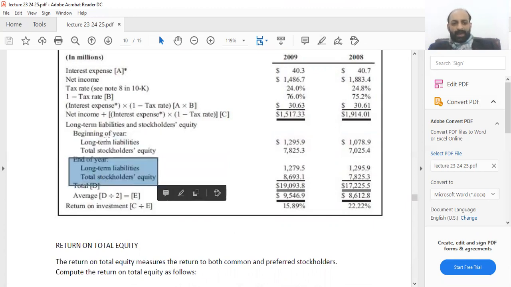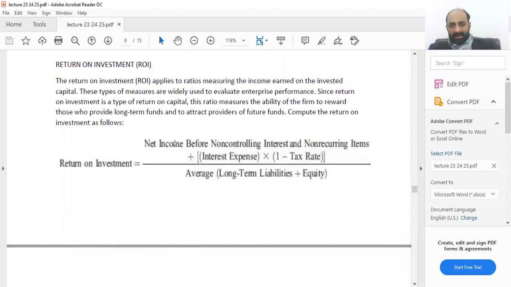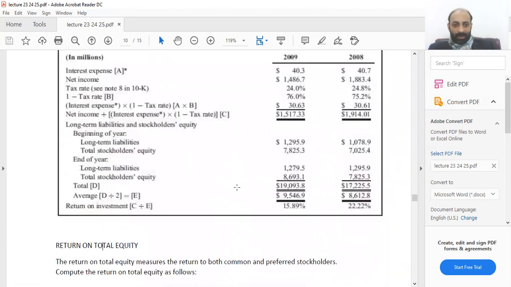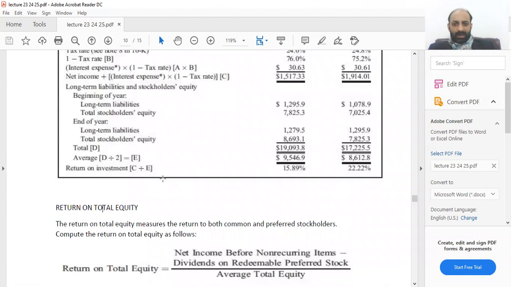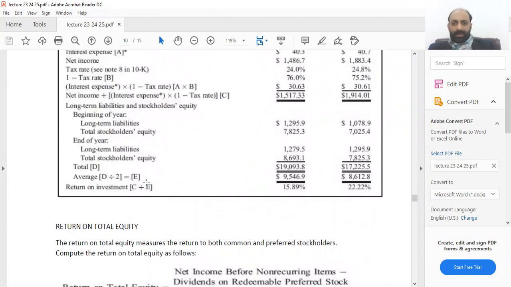You add the beginning of the year balances with the ending year balances, and when you divide by two, you get the average long-term liabilities and equity. So your return on investment will be when you divide this figure, which is C, by the average that you have calculated. So this is called return on investment.